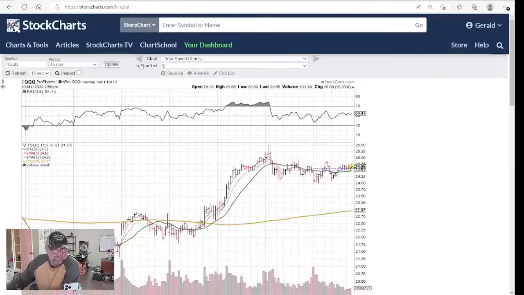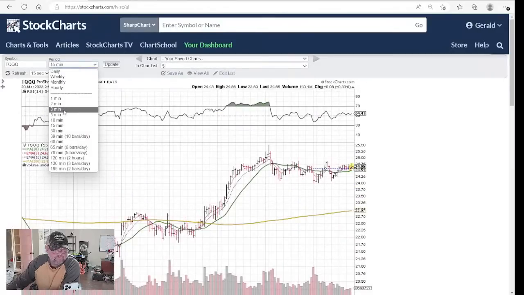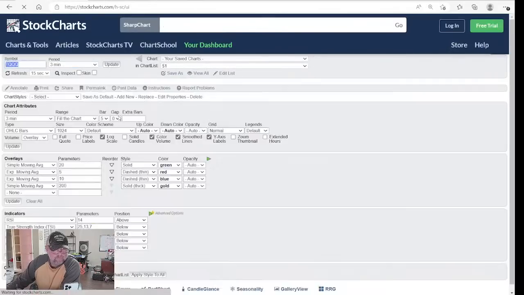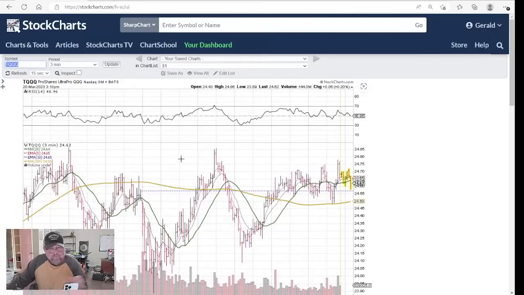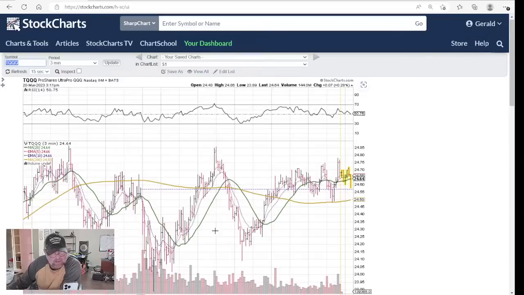Let me show you. Look what's happening. So we're in real time. Price is what? 24.62. See how chaotic it is? Look at that. And you start to see this little box develop, huh? See it?